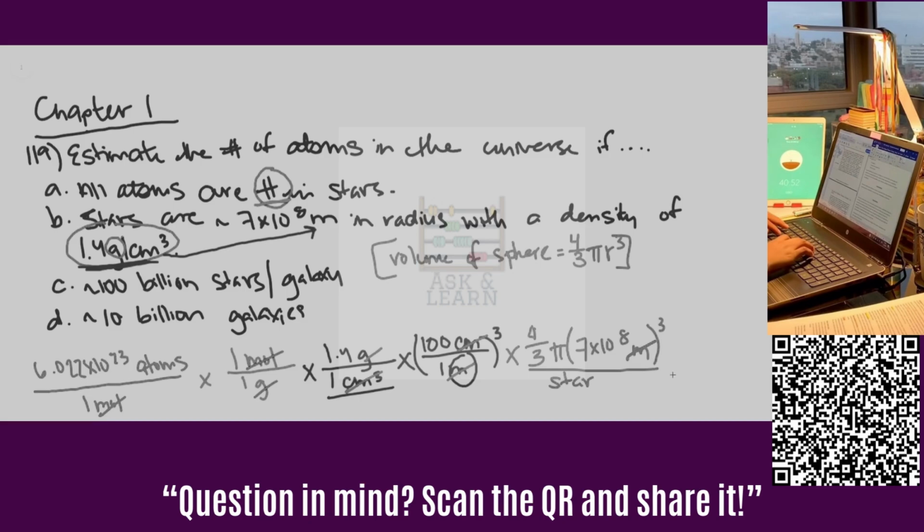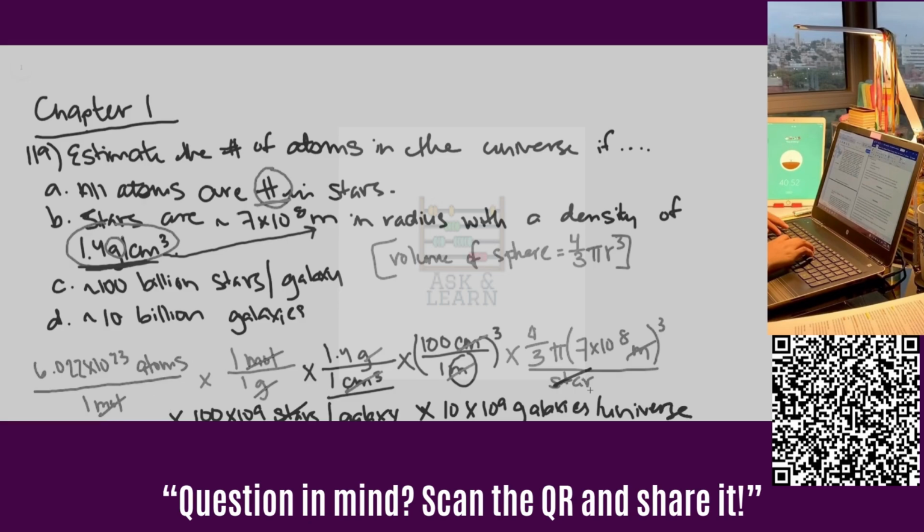And then we simply have to take into account that there are 100 billion stars per galaxy, or 100 times 10 to the 9th stars per galaxy. So far, that tells us how many atoms there are per galaxy. And then we know that there are 10 billion galaxies in the universe.